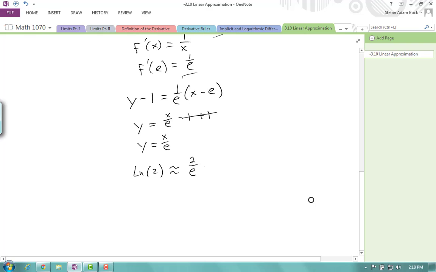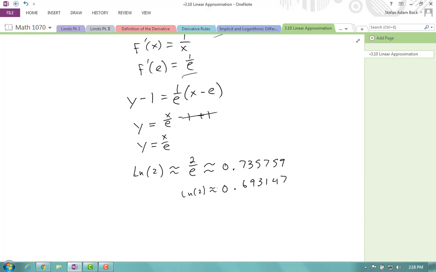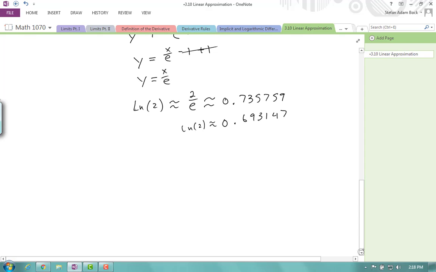But it turns out that this is in turn approximately equal to 0.735759, compared to the natural log of 2, which is 0.693147. That's pretty close. What I'd like to do is get a bottom line formula for doing linear approximation so I don't have to try so hard.